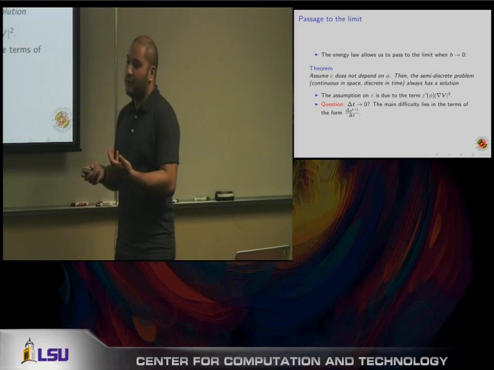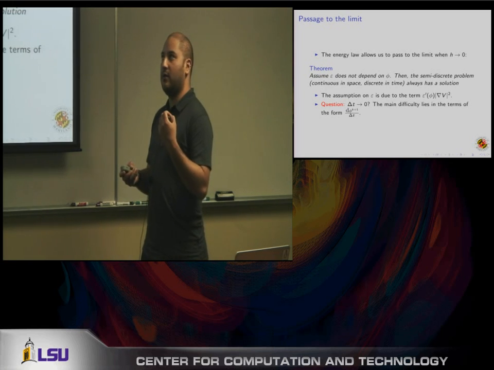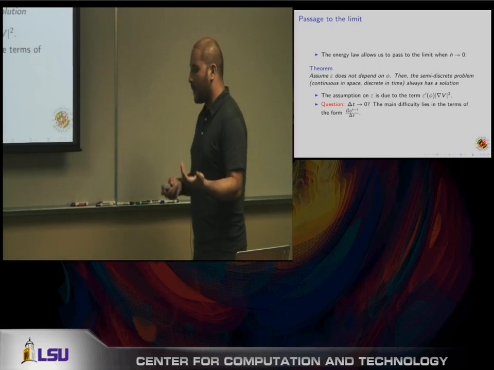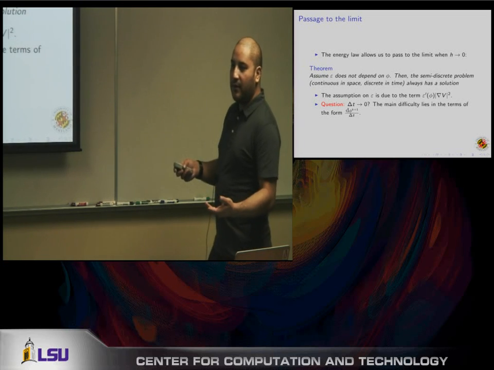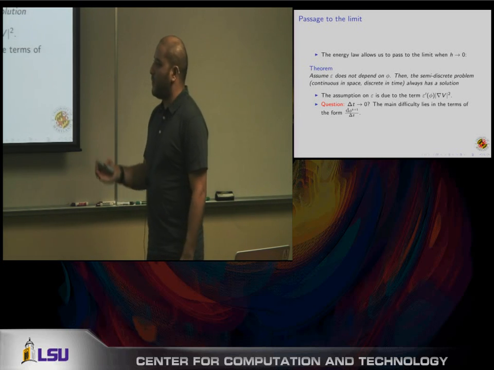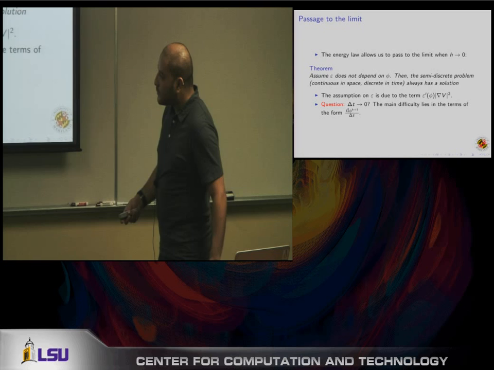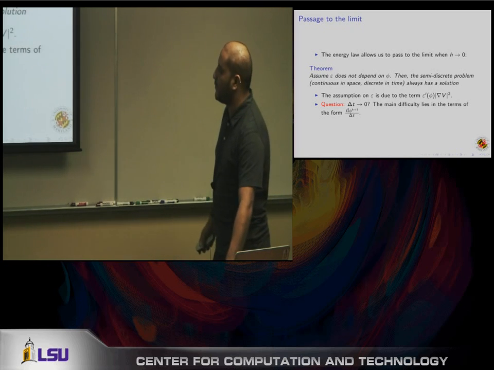We do not have so far sufficient information to be able to say something meaningful about these boundary conditions and to be able to pass to the limits in them. Nevertheless, again, we have existence for the semi-discrete problem.